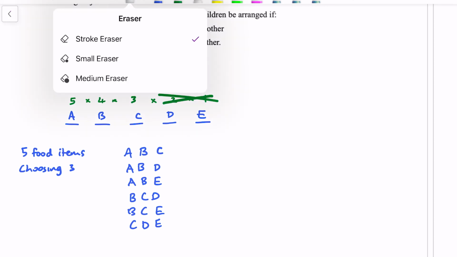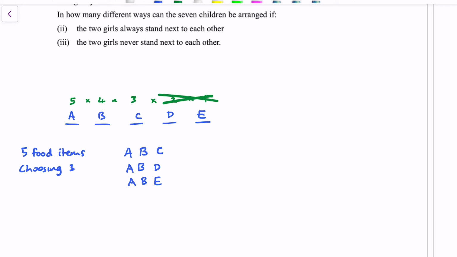Oh, no, what am I doing? You've got to list these down in a better order. So A, B, C, A, B, D, A, B, E is if you pick A, B first. Or you might pick A, C first and go A, C, D, A, C, E, really acing this problem.